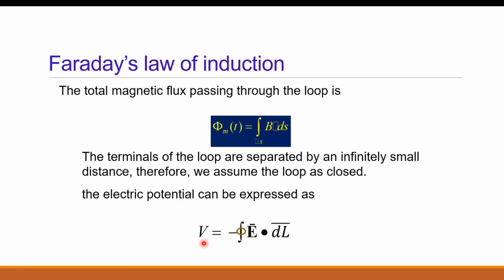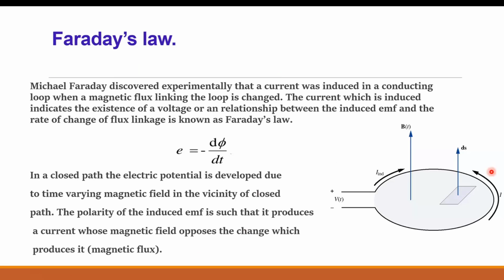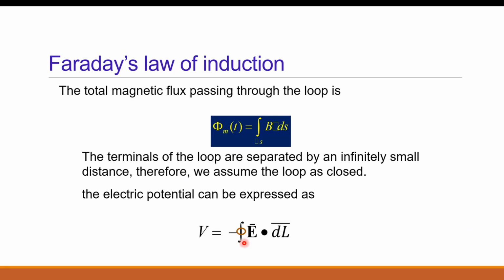But here, whatever potential is developed because of this kind of loop in the secondary side, E is equal to minus d phi by dt. The same voltage can be expressed in terms of E bar, the electric field, because since a magnetic field is generated, an electric field was there, and we have applied that.